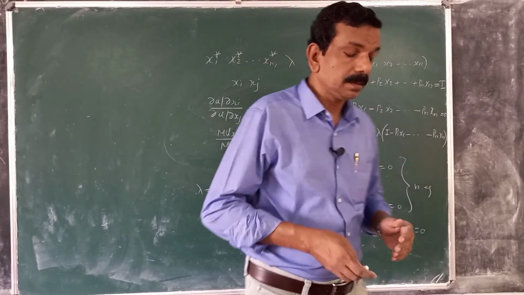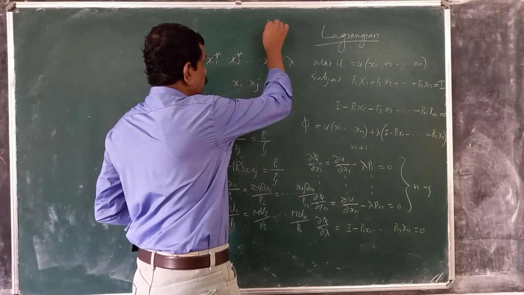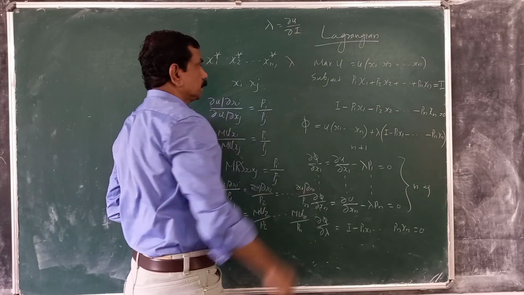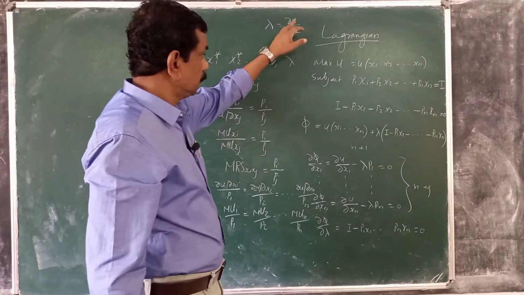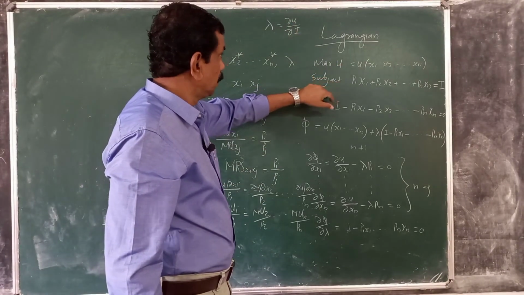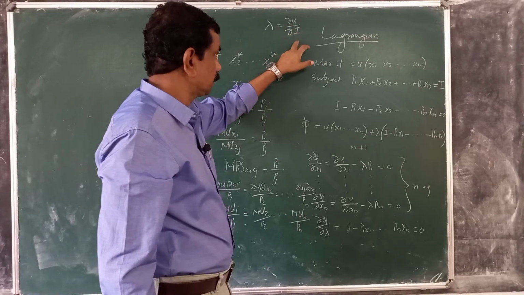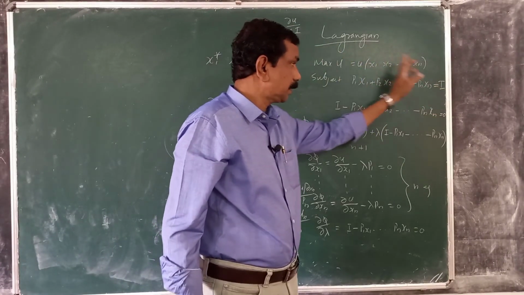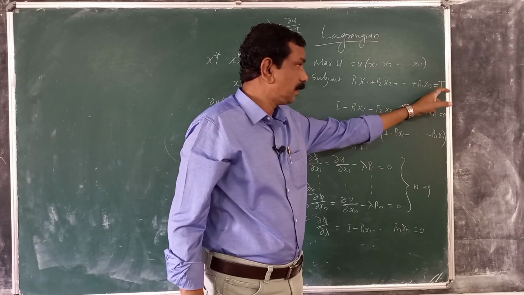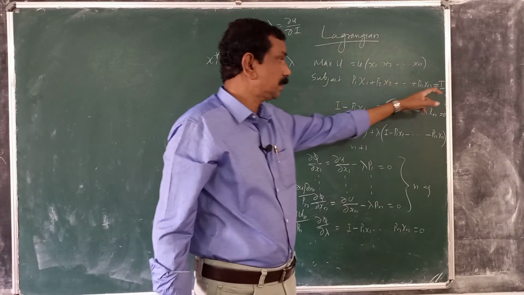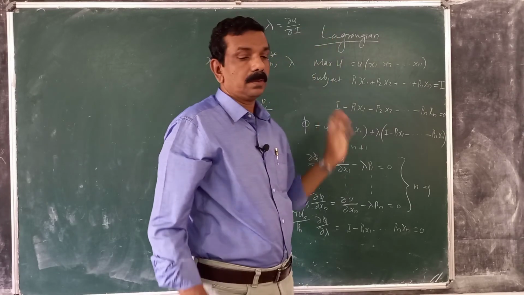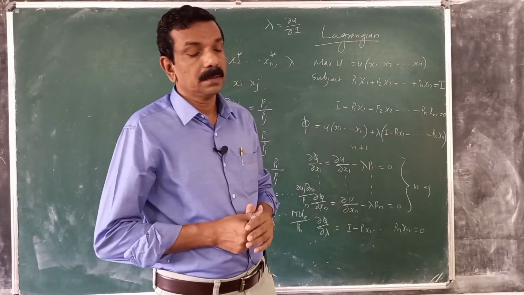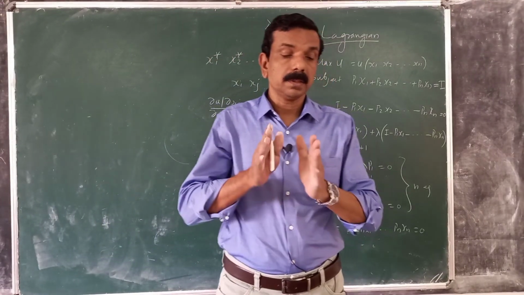That is, lambda is dou u by dou I. If this is the utility function, lambda is the impact on the objective function caused by a 1 unit change in the constant of the constraint, that is dou u by dou I. That is marginal utility of income.